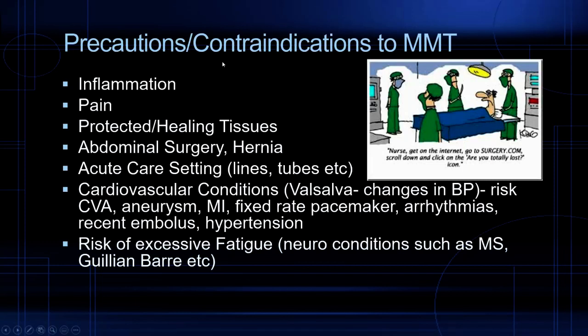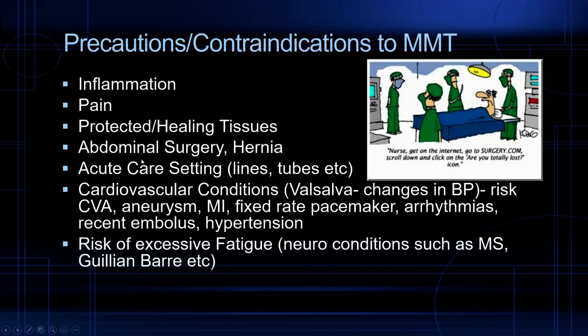One case where it would be absolutely contraindicated would be if the surgeon has said they may not actively contract this muscle. I'm thinking of a rotator cuff repair. The patient may not contract the repaired rotator cuff until usually at least 12 weeks post-op. So it'd be contraindicated to do a manual muscle test on that healing muscle, okay?